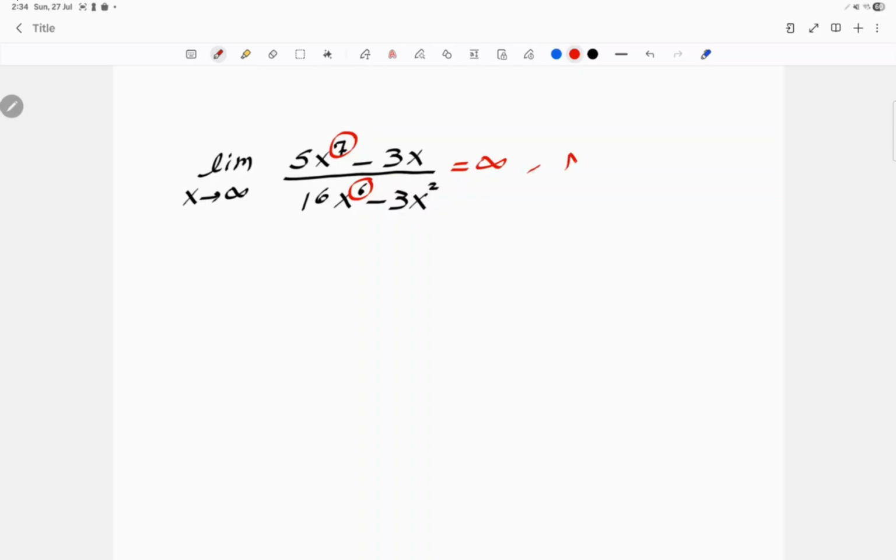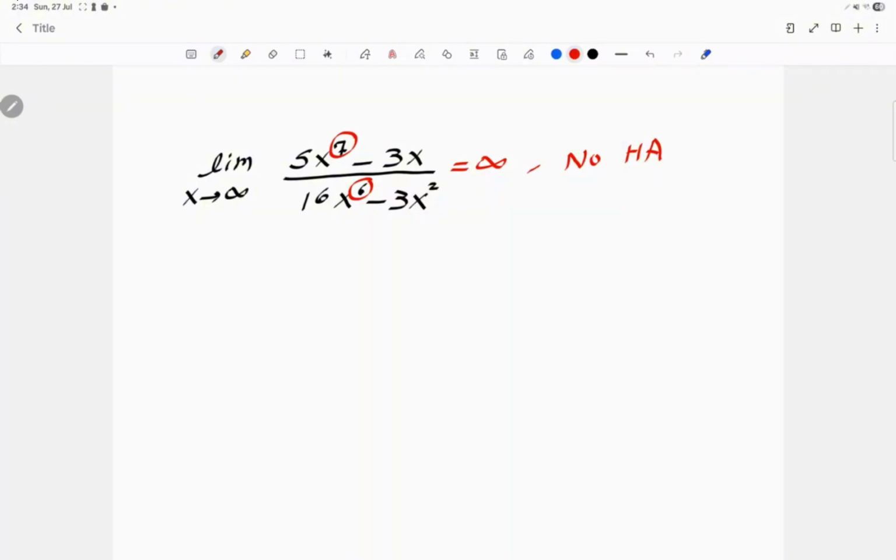So the limit of x approaching infinity, 5x^7 minus 3x over 16x^6 minus 3x squared. So here the bigger power of the x is in the numerator. 7 is bigger than 6. You get infinity. We say that there is no horizontal asymptote if the answer is infinity.